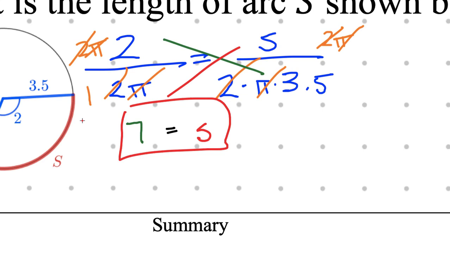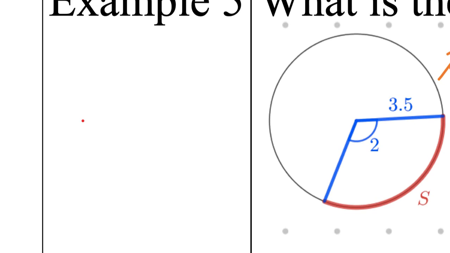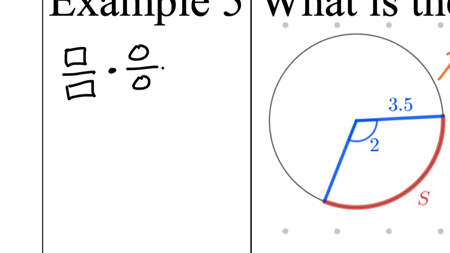Question, Andres. You would cross multiply when it's an equal sign instead of a multiplication sign? Yes. And when it's a multiplication sign, what would you do in that situation? Multiply straight through. Let me put it off to the side. If you have a fraction, box over box times circle over circle, I multiply.